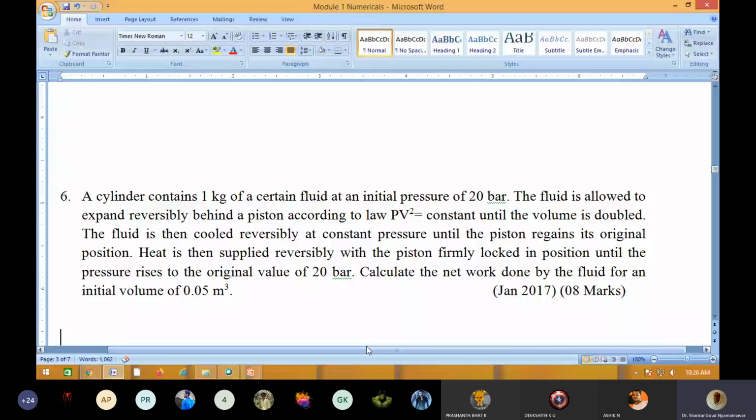Visualizing the process and correctly drawing the PV diagram is very important. Please do it. I will give you 2 minutes. Quickly draw the PV diagram. First look at the points P1 V1, P2 V2 and P3 V3. Put the points, then join them with a curve or straight line, depending on what process is given.